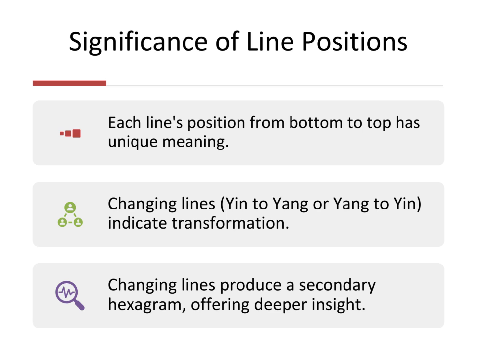Each line in a hexagram holds a unique meaning depending on its position from the bottom to the top. This position offers a layered understanding with each level symbolizing different aspects of life or situations.